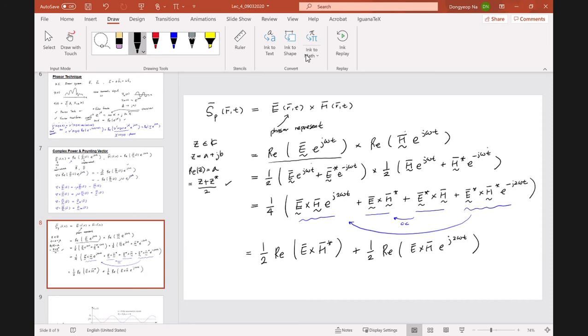So it's very interesting to observe that the first term, whereas our instantaneous Poynting vector was initially a function of time, does not have time dependence, so it is independent of time. On the other hand, the second term has a time dependence here.